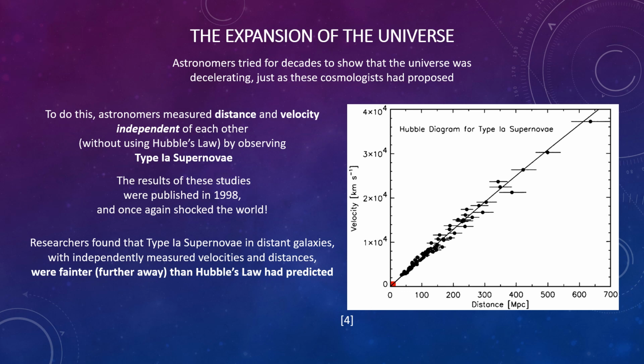When they published their results in 1998, they shocked the world when they showed that Type 1a supernova in distant galaxies who had independently measured velocities and distances were fainter and therefore further away than Hubble's law predicted. They showed that Hubble's law didn't quite work, that the rate of expansion was not constant, that it changed with time.